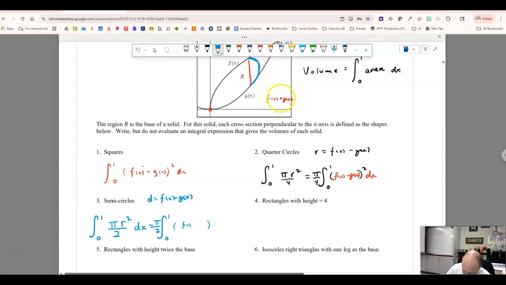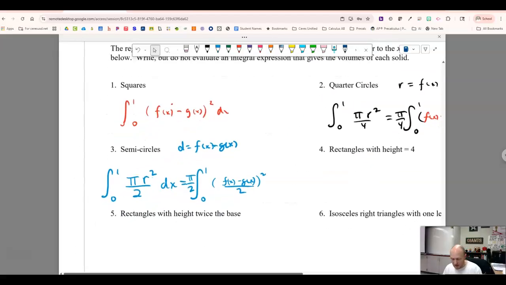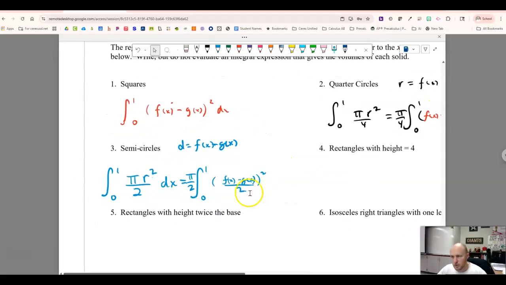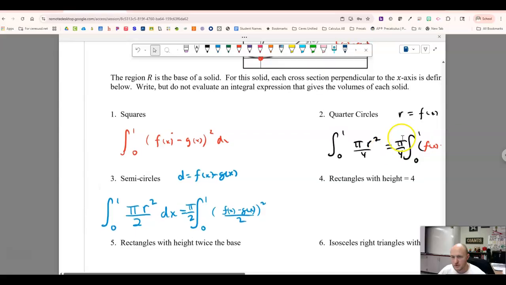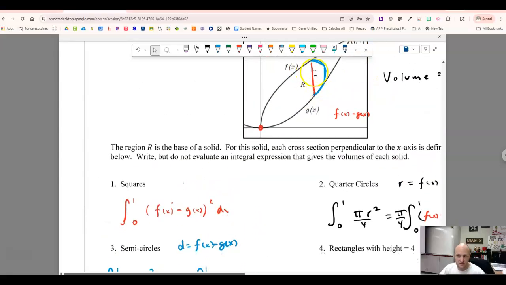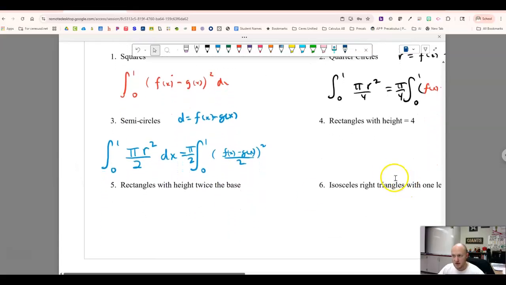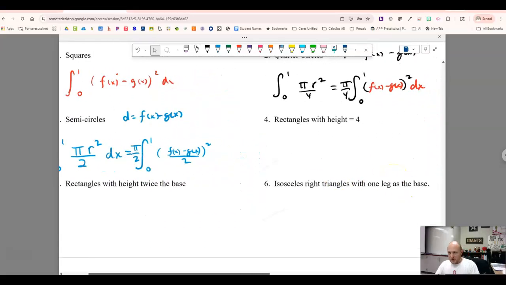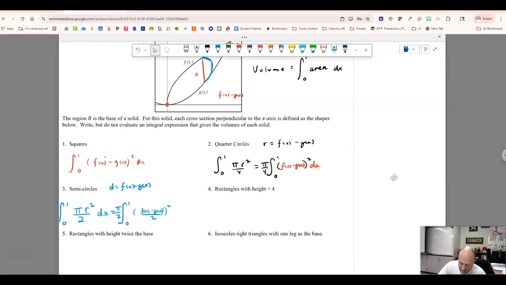That is your diameter. So how do we find radius? Cut it in half. Okay, so watch out when you're using circles. Just make sure you know what your representative rectangle is, if it's a radius or if it's a diameter.